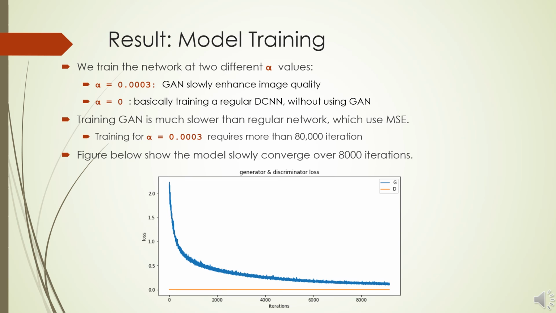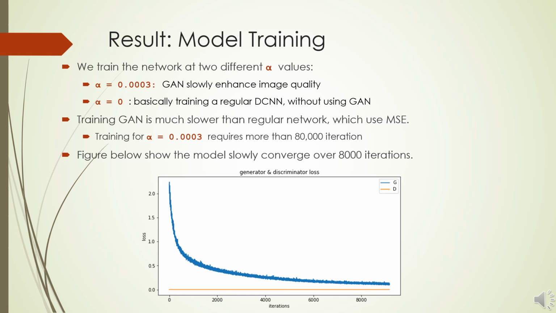So we observe that training for alpha equal to 0 is very fast. The model quickly converges. But when we add the GAN component, and the model has to try to learn the underlying distribution of the data, the converging speed becomes much slower.